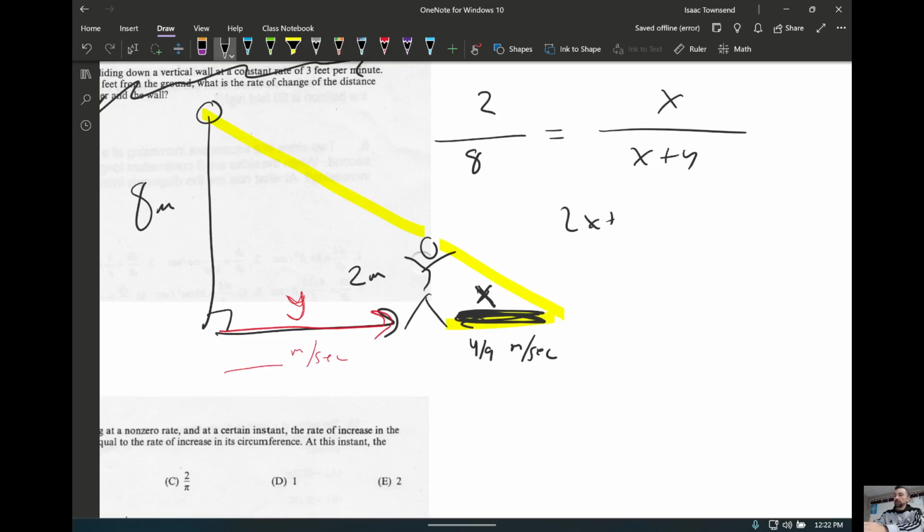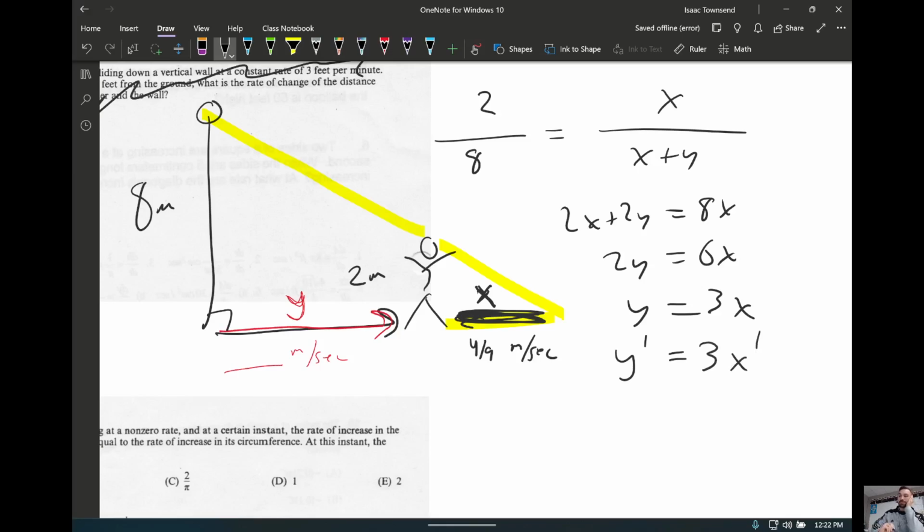We could cross multiply, simplify it a little bit, combine like terms, just do as much as we can. But at some point we've got to take derivatives. That's the point of first semester calculus, taking the derivatives. So the derivative of y with respect to t would be y prime, and the derivative of 3x would be 3x prime.